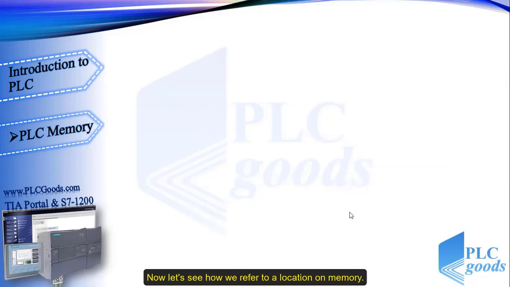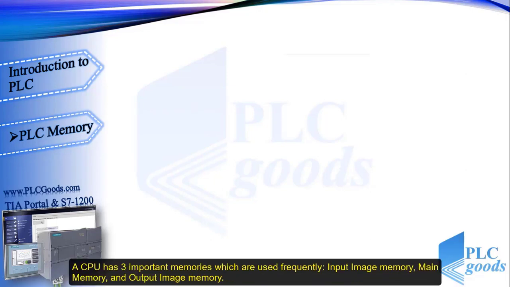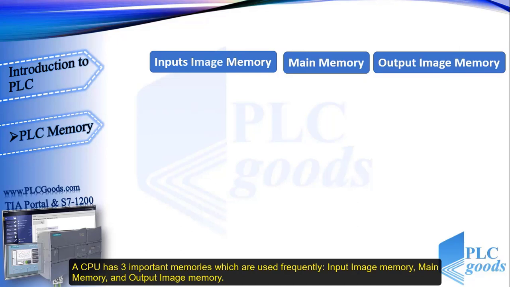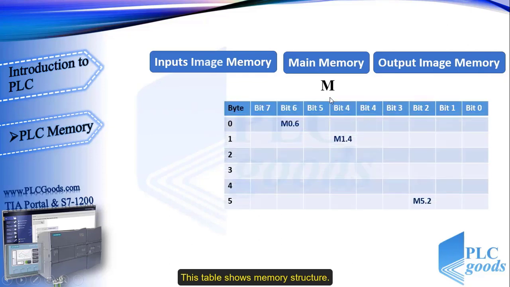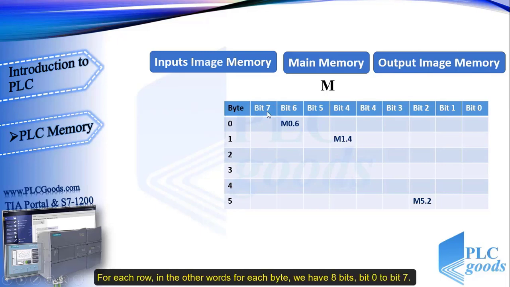Now let's see how we refer to a location in memory. A CPU has 3 important memories which are used frequently: input image memory, main memory, and output image memory. Let's start with main memory. We use the letter M for this memory. This table shows the memory structure. The first column shows the byte number for each row.